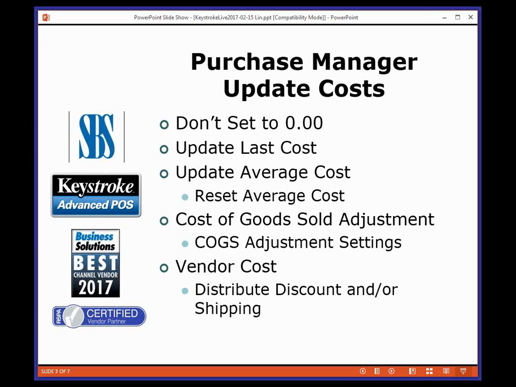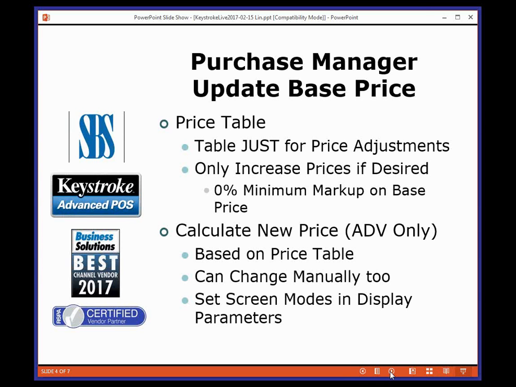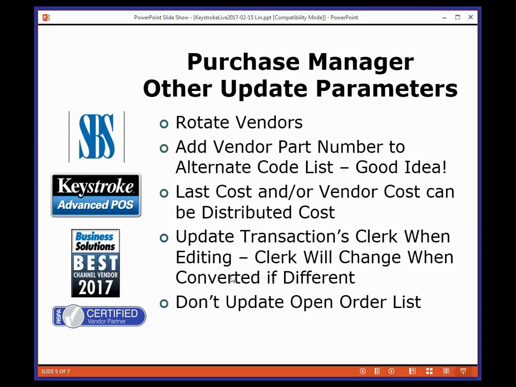All of that is available. You can also, if you want, you don't have to, update your base price based on a price table. And then you can calculate your new price and have Keystroke update that or adjust it and automatically update your prices.